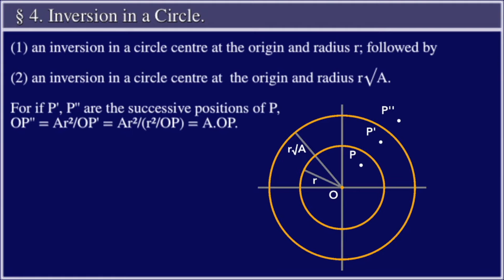An inversion in a circle centered at the origin and of radius r times the square root of a. For if P', P'' are the successive positions of P, OP'' is equal to a r squared divided by OP', is equal to a r squared divided by the quantity r squared divided by OP, is equal to a times OP.